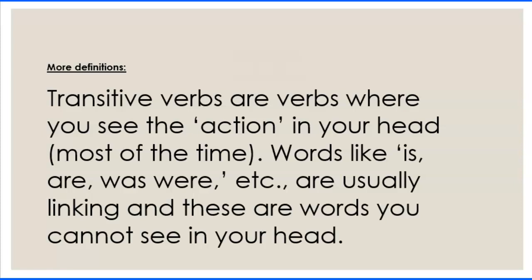If I have a sentence that says mom is nice, with the verb is, you can't see that action in your head. That puts it in a whole different category. But if I have something like John raced with Dawn, you can see the racing happening, and you can see that action in your head.